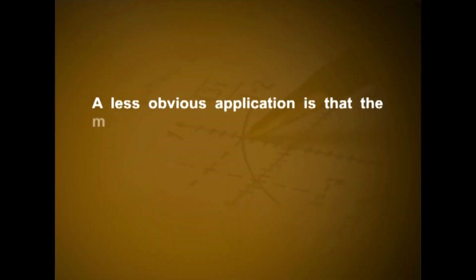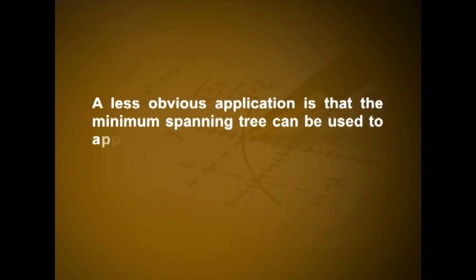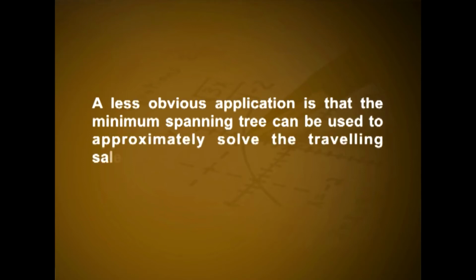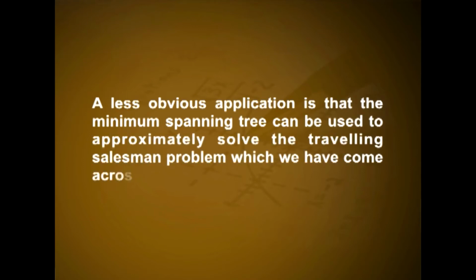save money. A less obvious application is that the minimum spanning tree can be used to approximately solve the traveling salesman problem, which we have come across in the chapter on graphs. A convenient formal way of defining this problem is to find the shortest path that visits each point at least once.